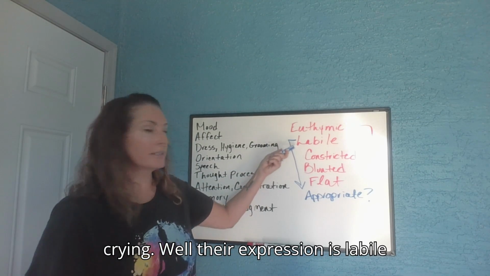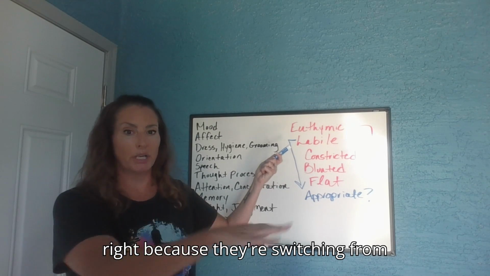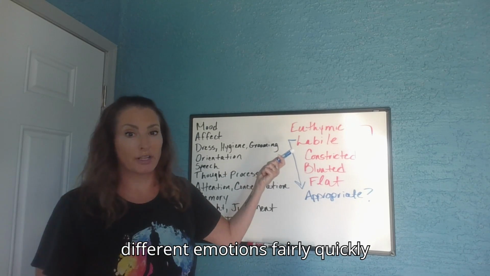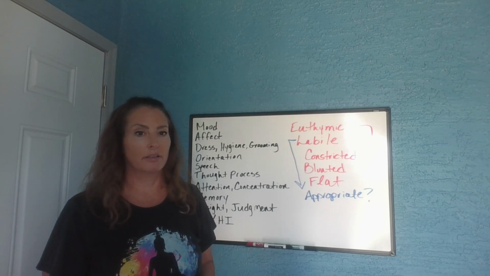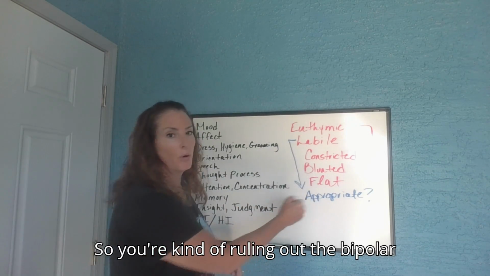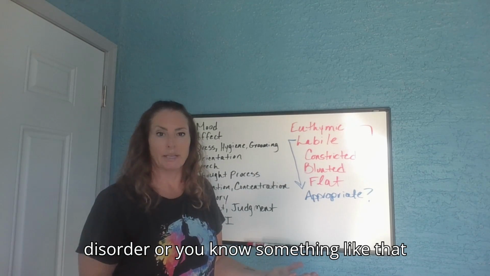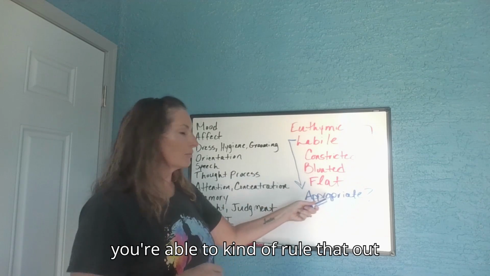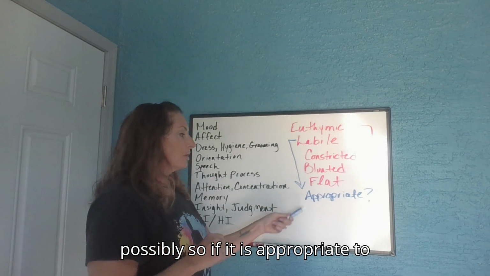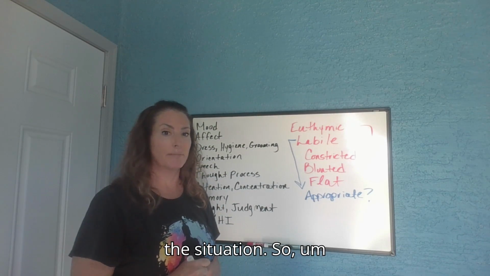Well, their expression is labile, right? Because they're switching between different emotions fairly quickly. But is it appropriate to the situation? So you're kind of ruling out bipolar disorder, or something like that. I'm just using bipolar as the example, but you're able to possibly rule that out if it is appropriate to the situation.